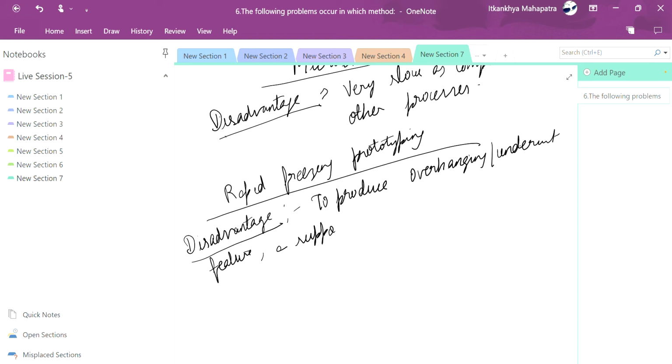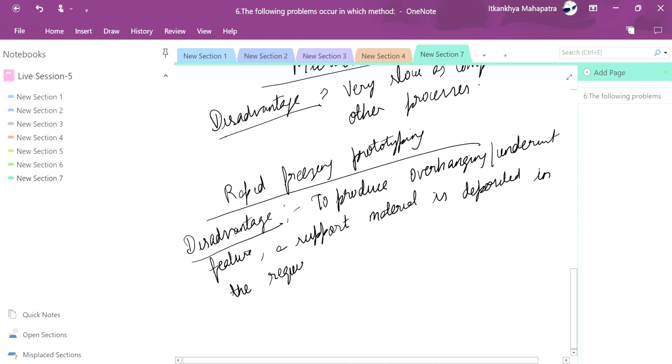A support material is deposited in the required region of the layer.